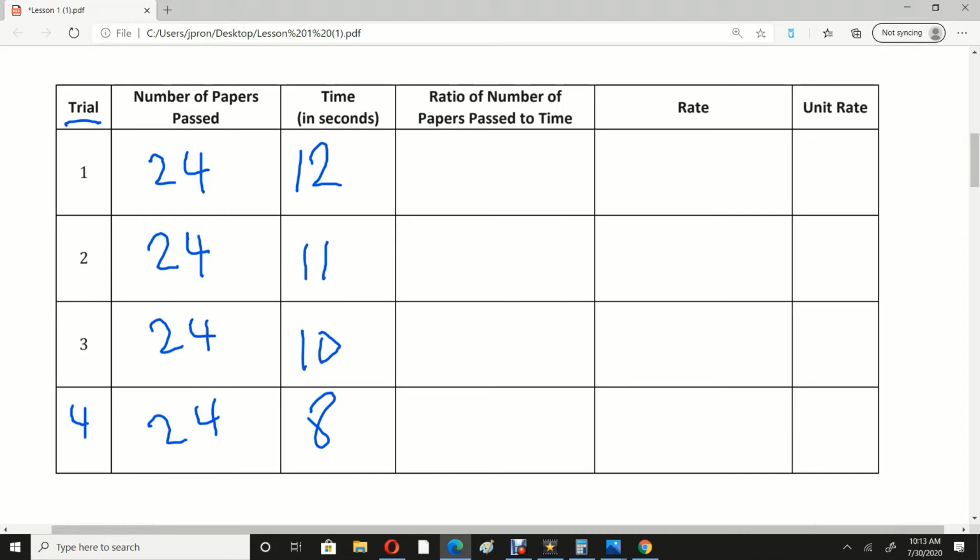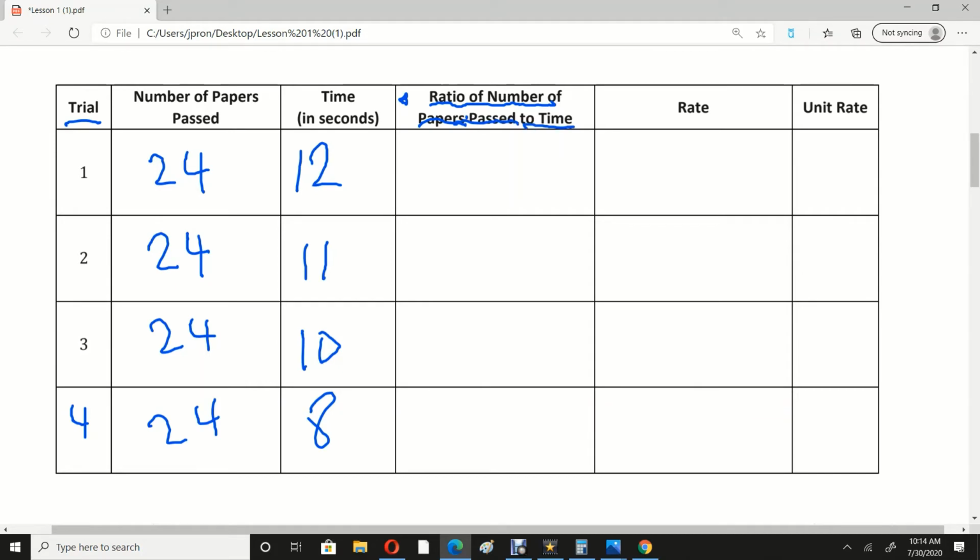All right, so let's come back down to our experiment, and let's apply these terms that we just learned about, okay? So we did our experiments, right? We passed out some papers over here and took some times in each one of the trials. Now we want to write in this column right here the ratio of number of papers passed to time.